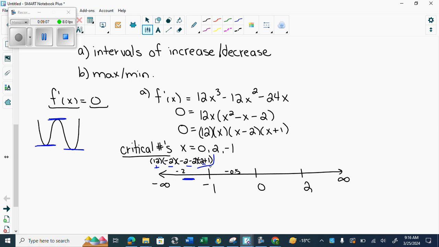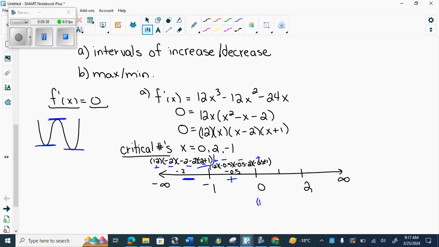Now I would have 12 times negative 0.5, negative 0.5 minus 2, and then negative 0.5 plus 1. So I get a positive, a negative, a negative, a positive. What's that result in? Positive times negative times positive. Positive. And I have to plug in a 1, let's say. I can plug it in down here if I want to.